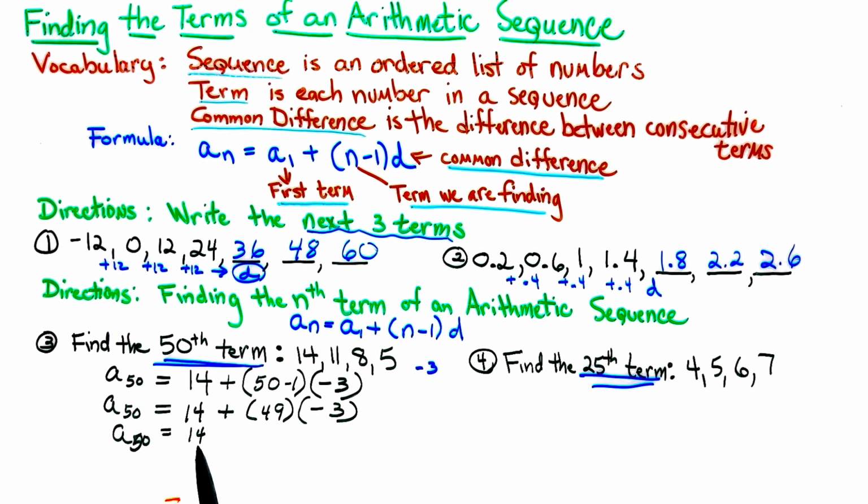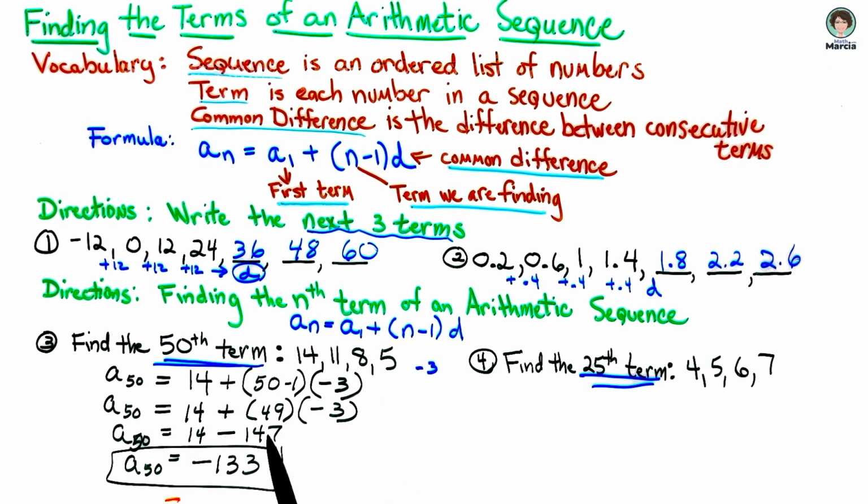So I'm just going to say 14 minus 147. So our 50th term is just 14 minus 147, which is going to be a -133. There is the answer that they were looking for. Again, if you know this little formula, it becomes really easy to just substitute in the numbers and then find the term. All right, well, let's look at the next one.